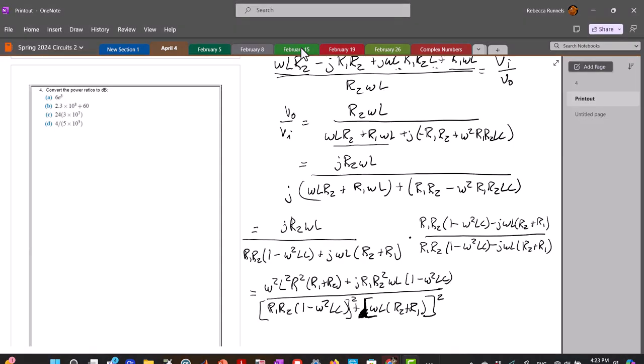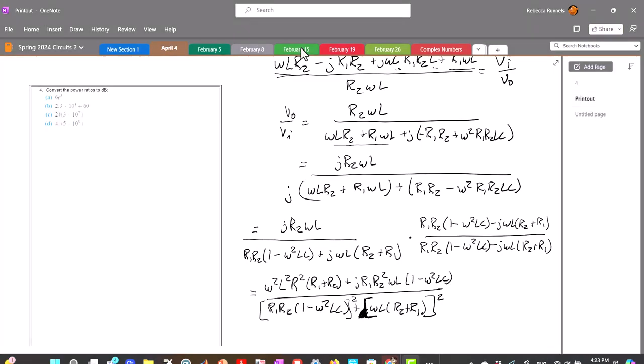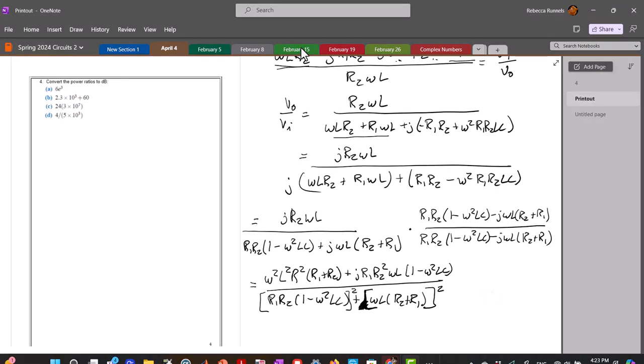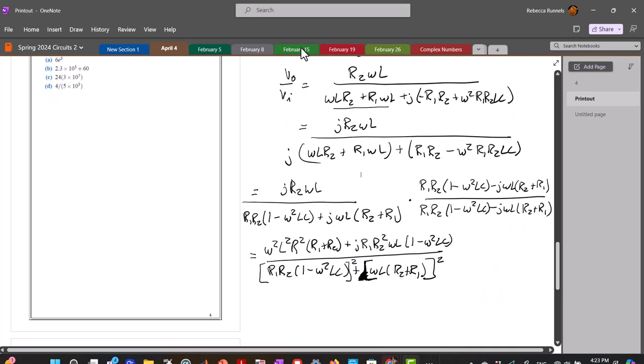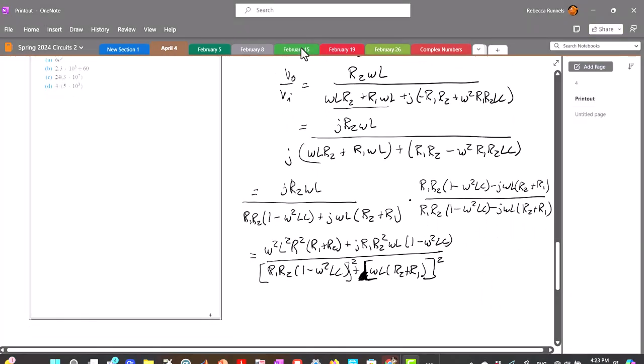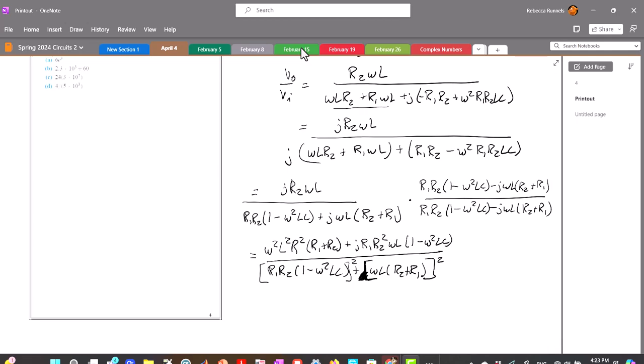And then to find where it is purely real, I needed to rationalize, so I multiply by the conjugate of the denominator, which is the same as the denominator, but with the sign of the imaginary part changed. So R1 R2 times 1 minus omega squared LC minus j omega L times R2 plus R1, over itself. When I do that, I can just distribute this j R2 omega L through.